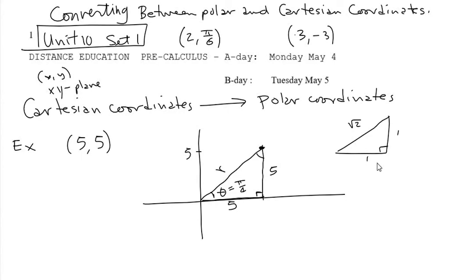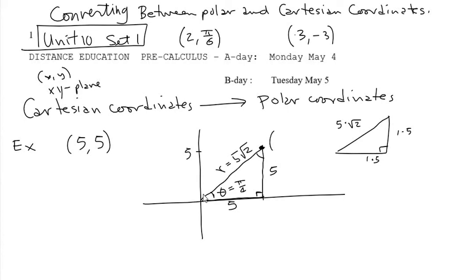Now let's just multiply all the sides by 5. So if we multiply this side by 5 and this side by 5, we've got to multiply this side by 5. Okay? So that means that this radius is 5 root 2. All right, so what are the coordinates of this point in polar coordinates?